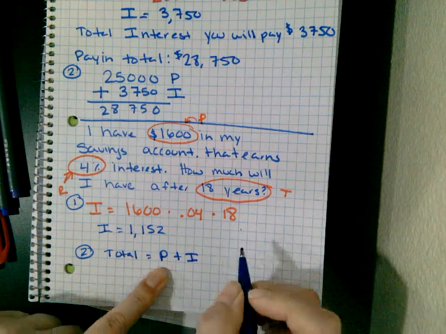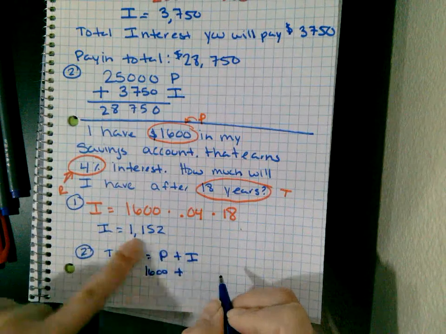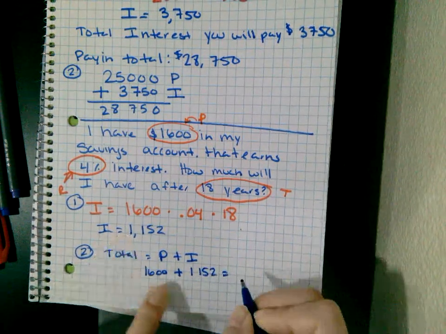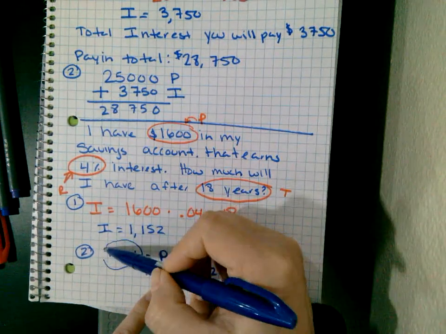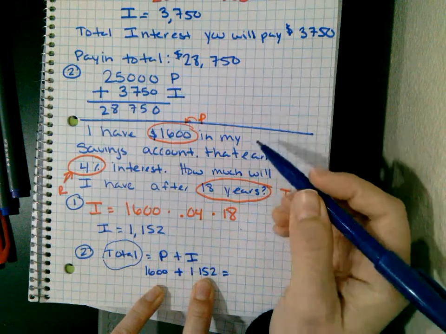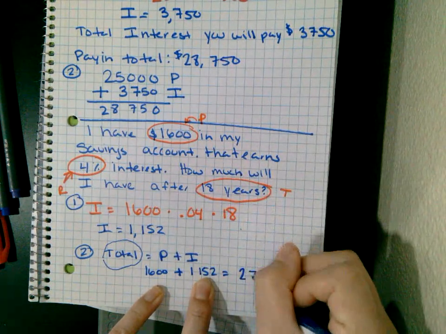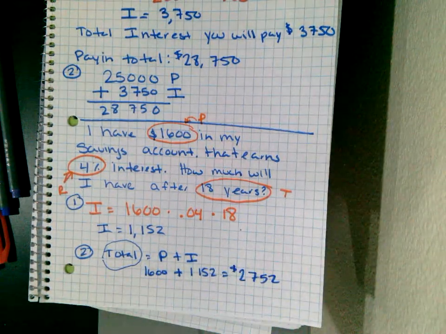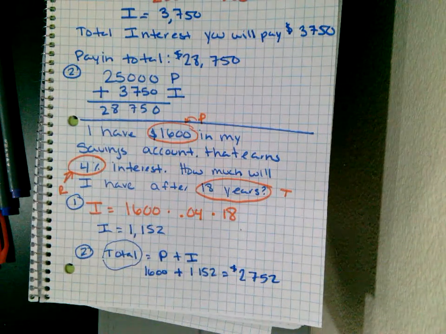Well, my principal to start with was 1,600. And I'm going to add my interest, which is 1,152. When I add these two numbers, I'm going to get my total. How much will I have after 18 years? My total amount. And that is 2,752.